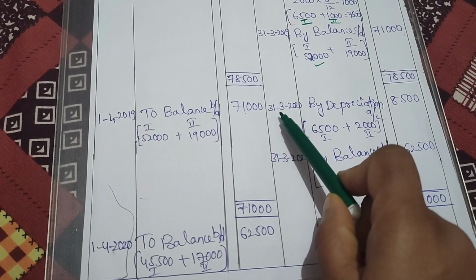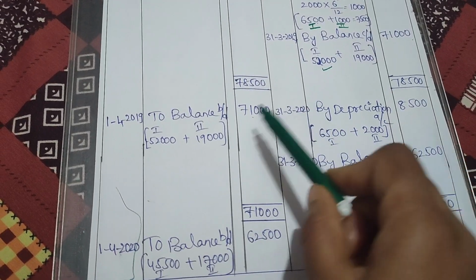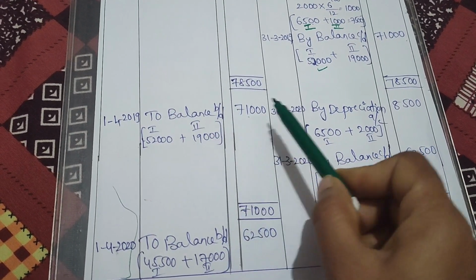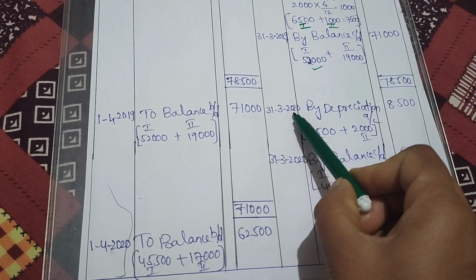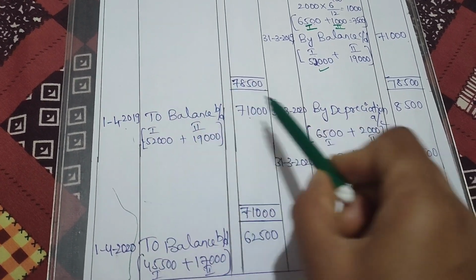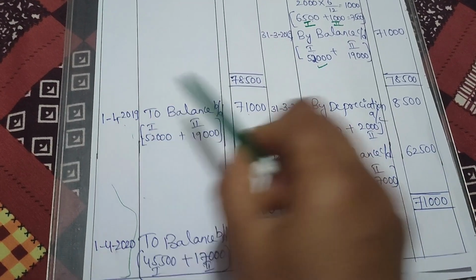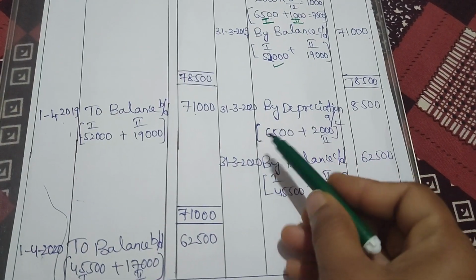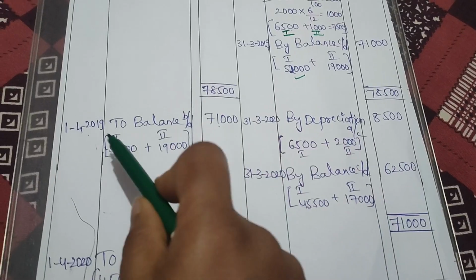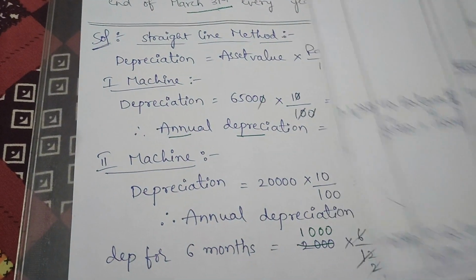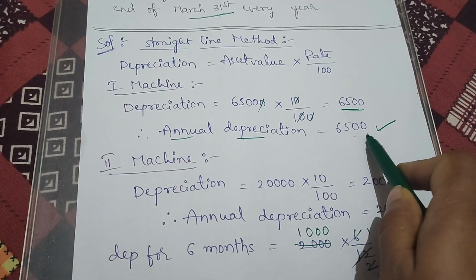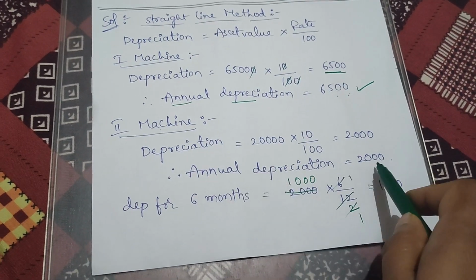And on the closing day, we have to provide depreciation because they use these 2 machines. So, credit side, closing day, 31-3-2020. This is opening day, this is closing day. By depreciation account. Since this is straight line method, for first machine, 1 year depreciation is 6,500 annual depreciation. Second machine 1 year depreciation is 2,000.